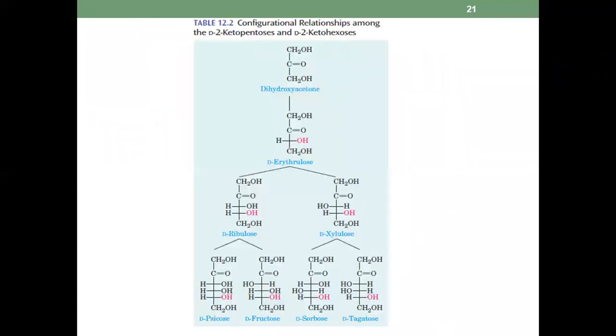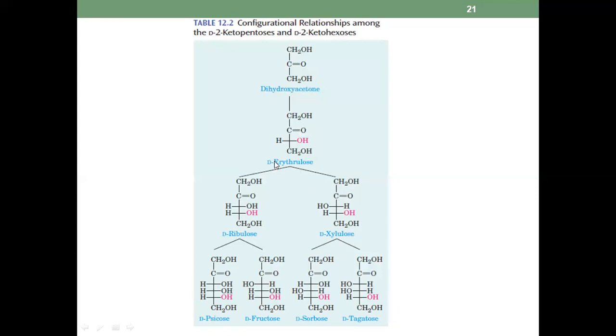So this is the hierarchy of how you will add your carbon. You start with the carbonyl carbon, single bond O. Always know your reference OH is on the right, for it to be called the D sugar.